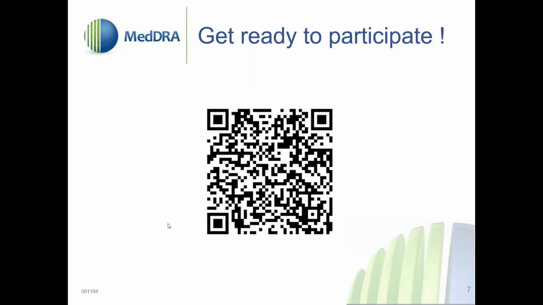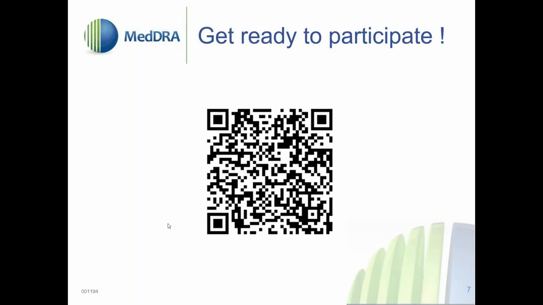The next two slides explain about the polling that we will be using during this webinar. Leander has mentioned already that we will use these questions during the whole course. If you would like to join these quizzes and participate in the examples today, there are two ways to do so. The easiest way is to scan this QR code with your smartphone or tablet.